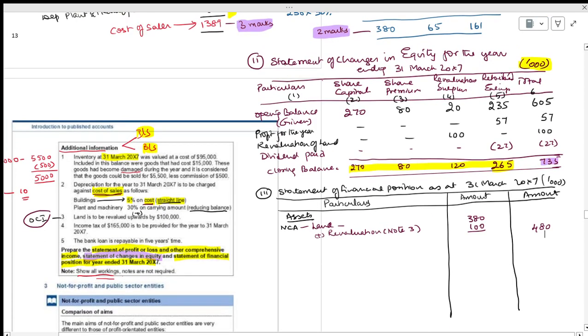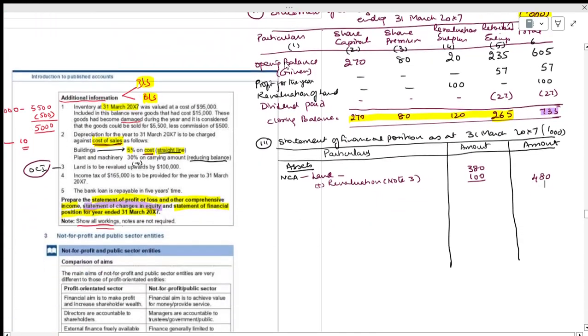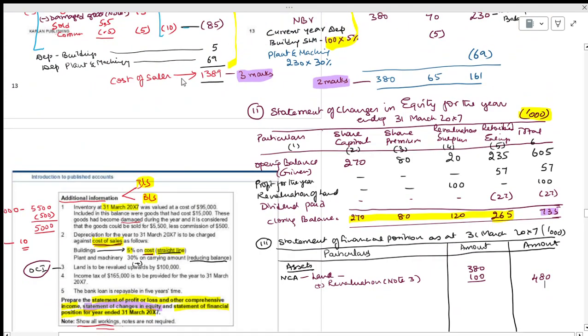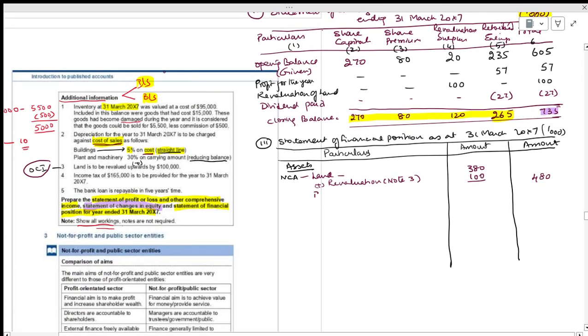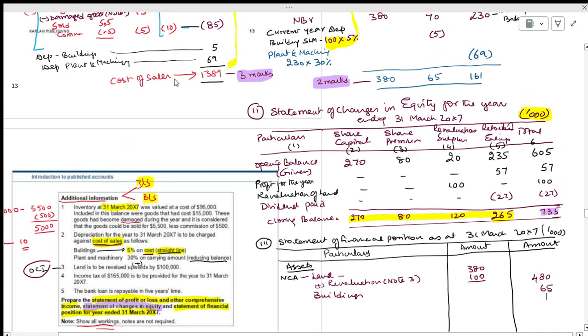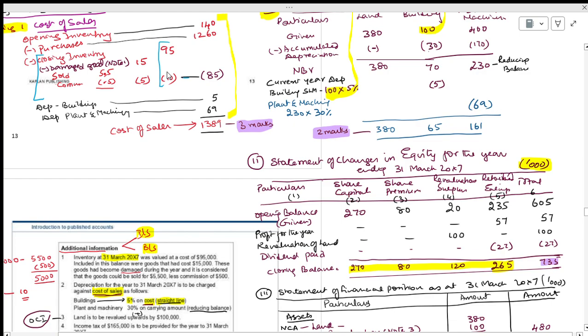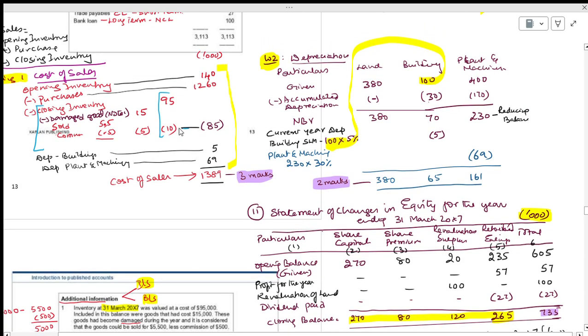Next. How much are the buildings? Working 2. Buildings is how much? I am asking Sumaya. Buildings is 65. Okay. Next. How much is the plant and machinery? Please tell. 161.